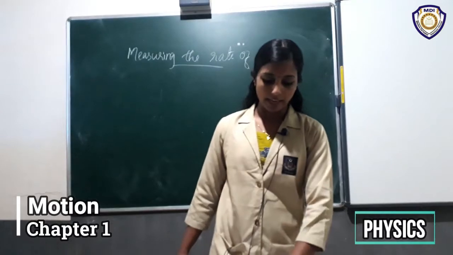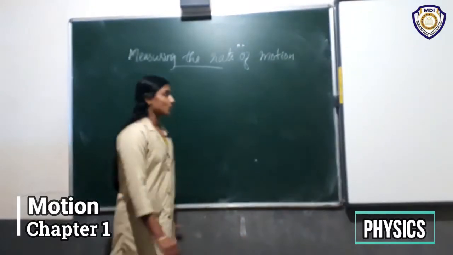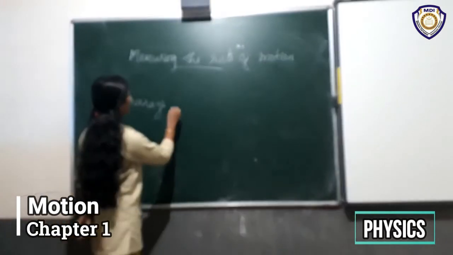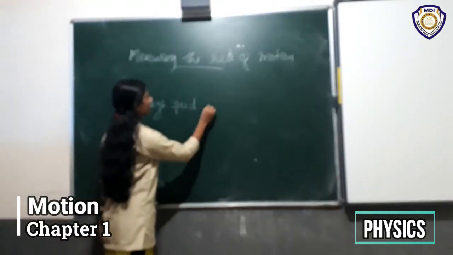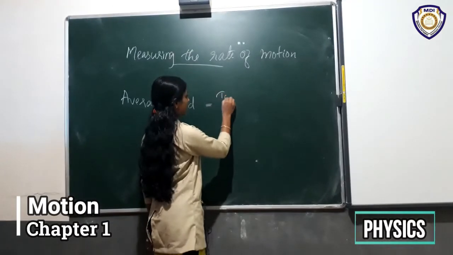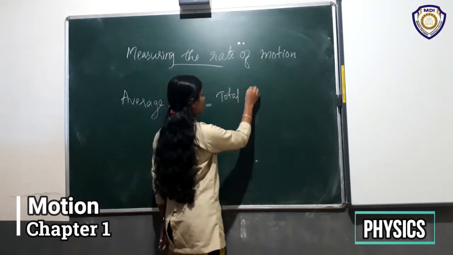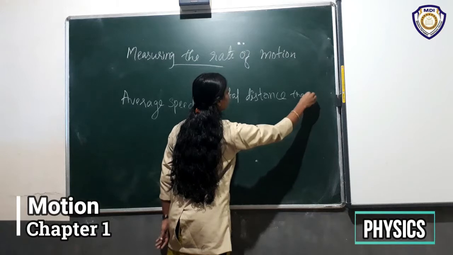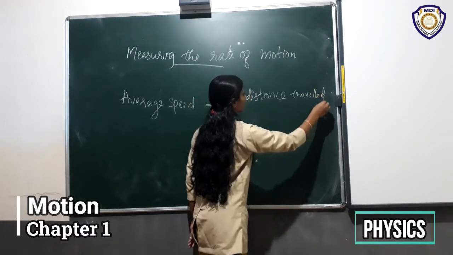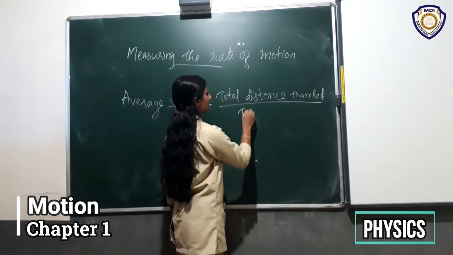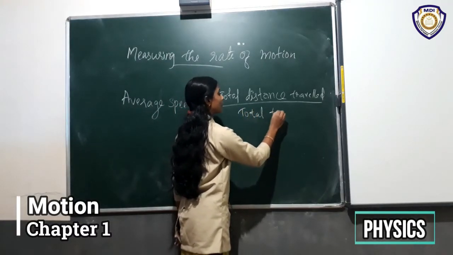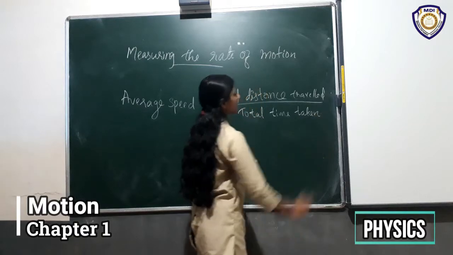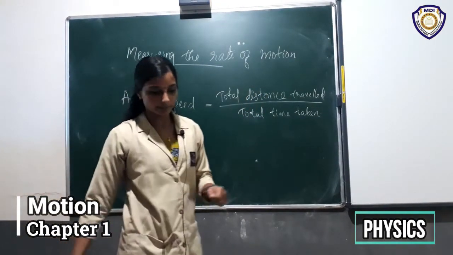So average speed is equal to the total distance travelled per total time taken, right?